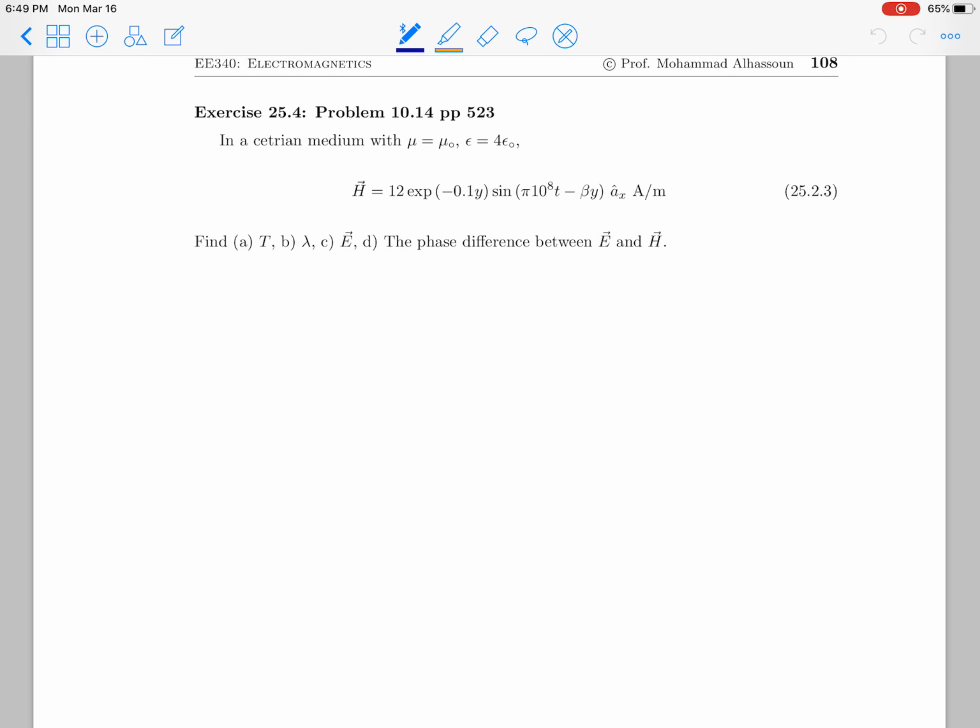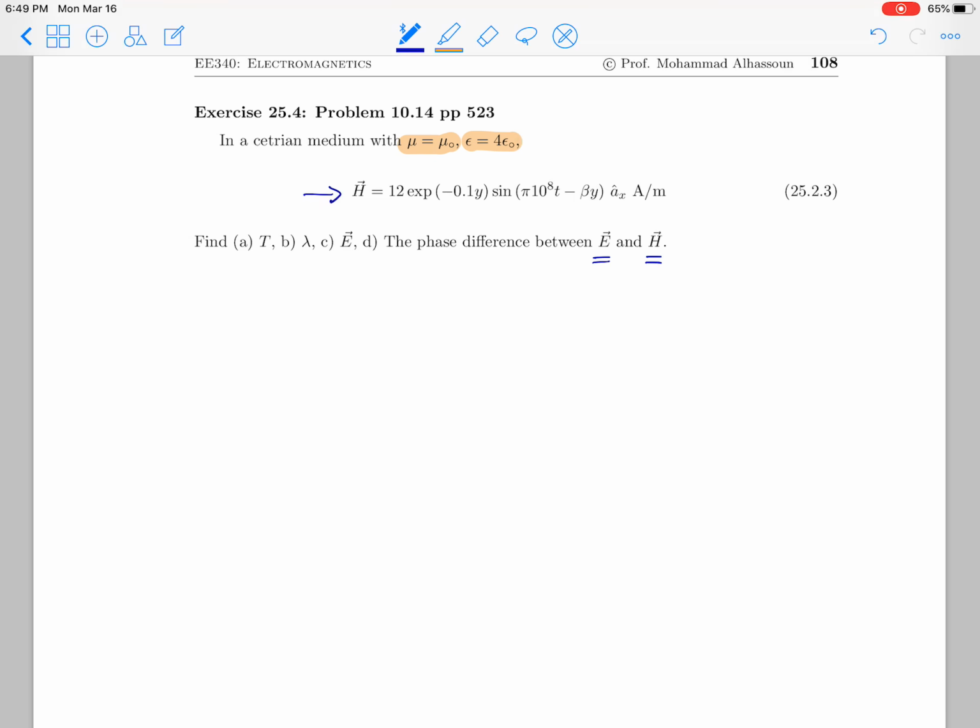Now let's take the last example. So in a certain medium we have mu is equal to mu naught, and epsilon is equal to 4 times epsilon naught. We are given the magnetic field, and we are asked to find the first thing is the period, then the wavelength, then the electric field, and finally the phase difference between the electric field and magnetic field.